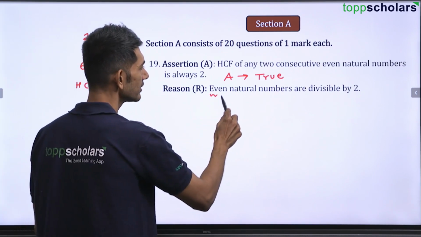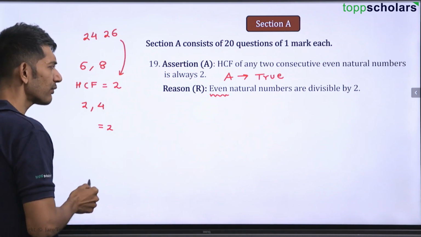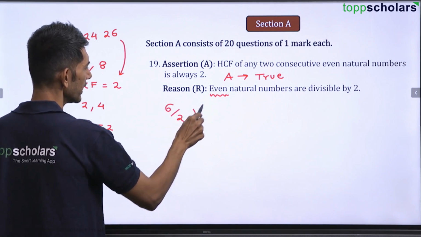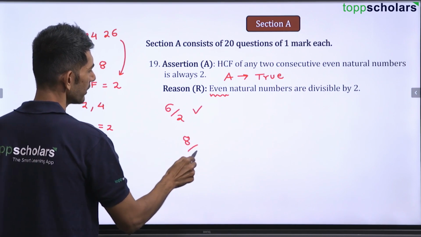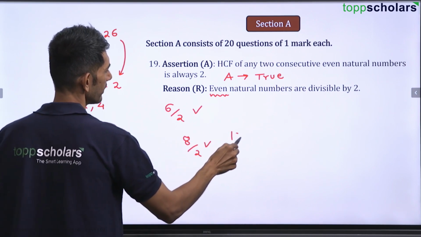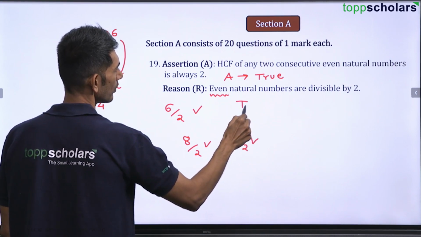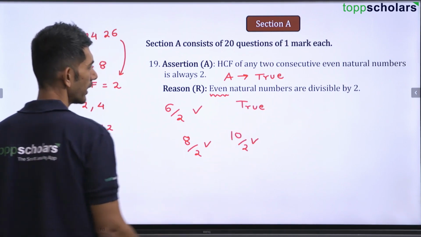Even natural numbers are divisible by 2. Is it true or false? If I take even natural number 6, is it divisible by 2? Yes. If I take 8, divisible by 2? Yes. 10, divisible by 2? Yes. So this is also true. Correct?